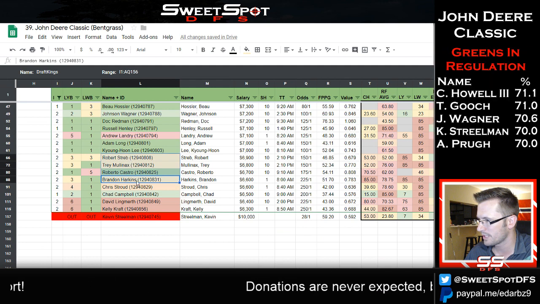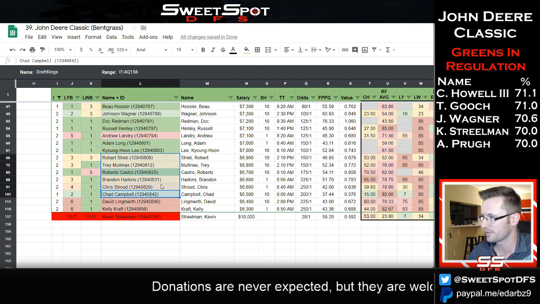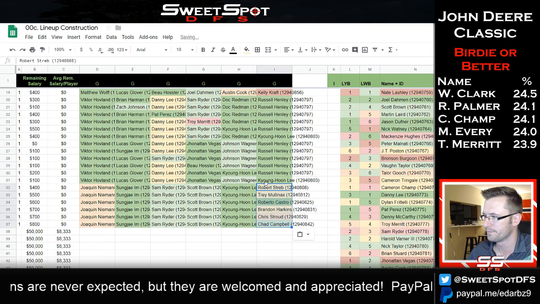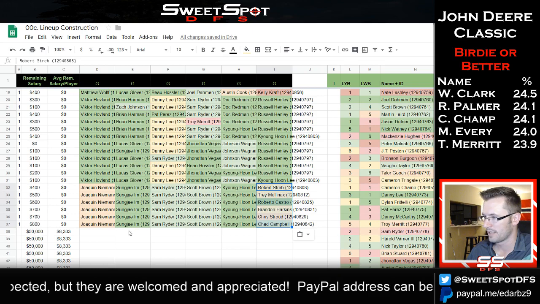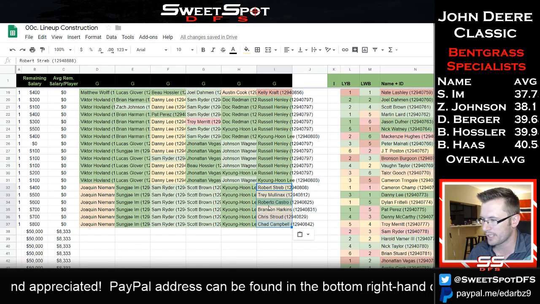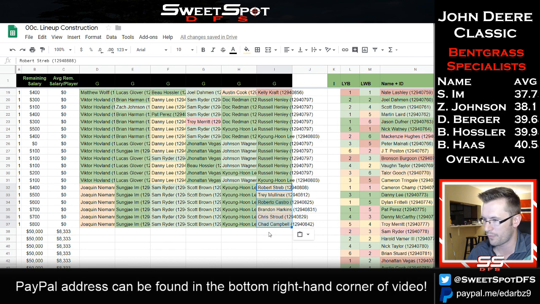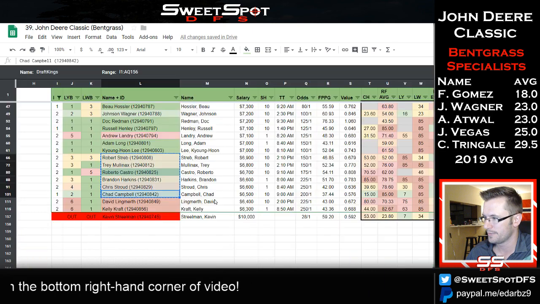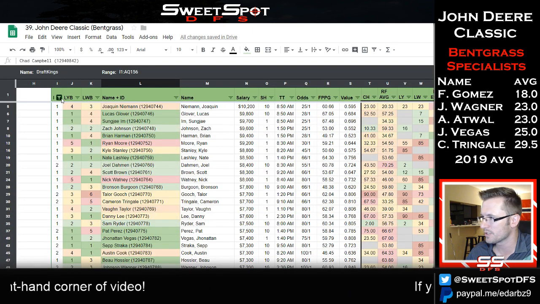So I'm going to select actually all of those golfers. Oh, that is how that's done. I don't so much care. I typically create lineups this way where I'm just randomizing this. I'll click and drag all the way down. Now this will be easier to try to figure out.